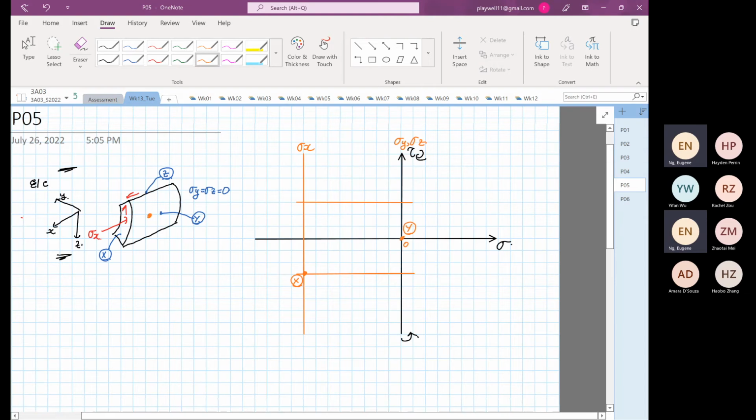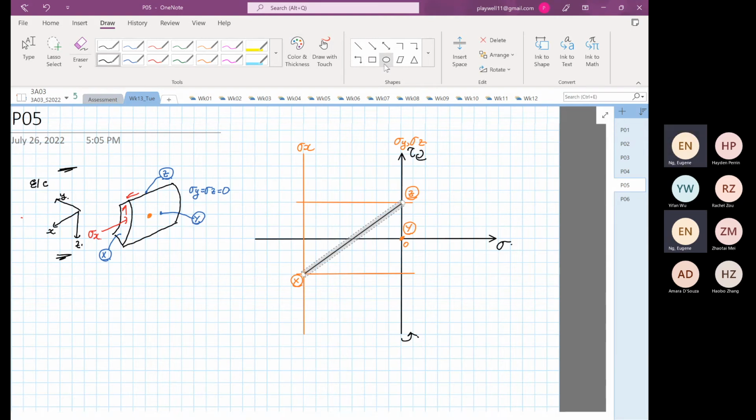More or less, we want to locate our stress X, point X, and point Z first. So that's our point X and point Z. We draw a straight line across, and then we draw our first circle. So this is our first circle.